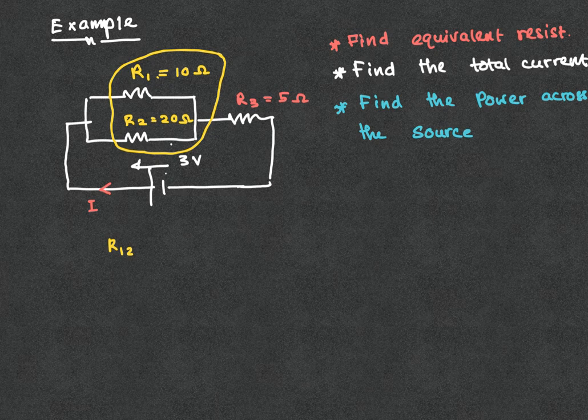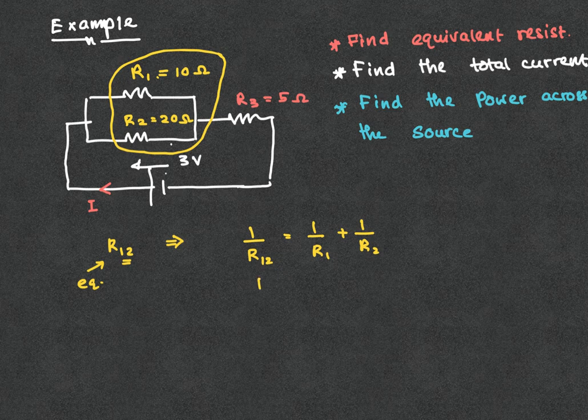Since they are in parallel, this is the step that I follow: 1 over R12 equals 1 over R1 plus 1 over R2. I use the word equivalent since it is not the equivalent of the entire circuit. I am giving this special name, the equivalent of R1 and R2, right?